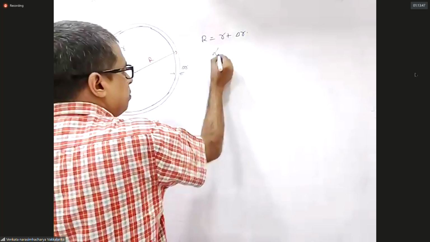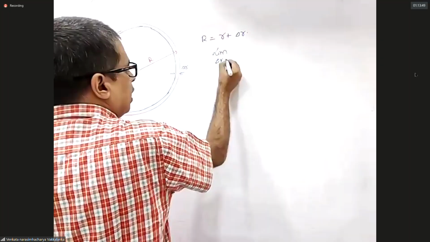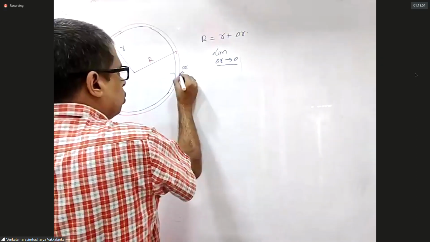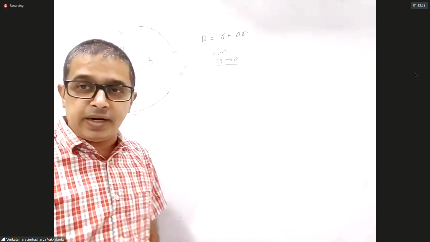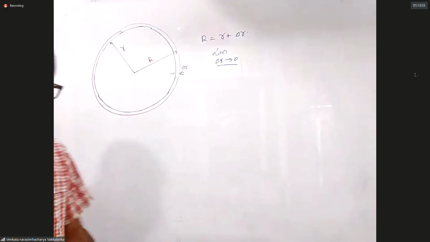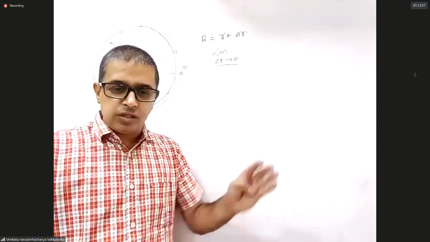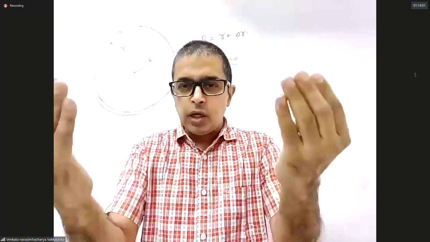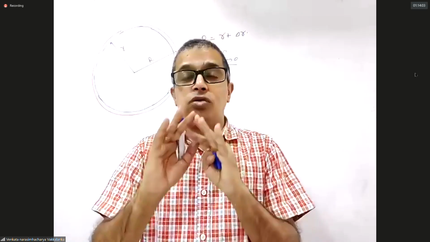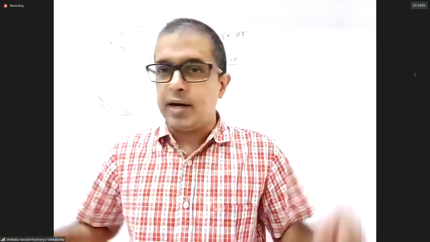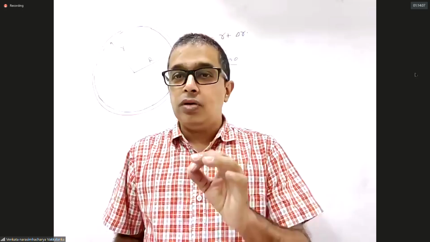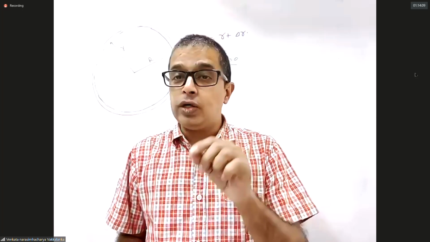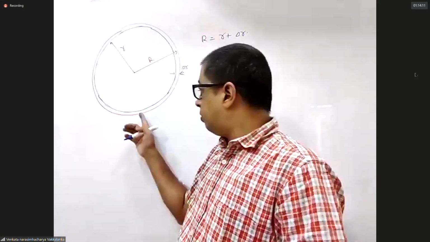Delta r tends to 0. Only then it will be a hollow sphere, right? So the question is, from a solid sphere of radius capital R, remove a concentric solid sphere of radius small r. Your final moment of inertia should be 2 by 3 Mr square, where M is the mass of the shell.